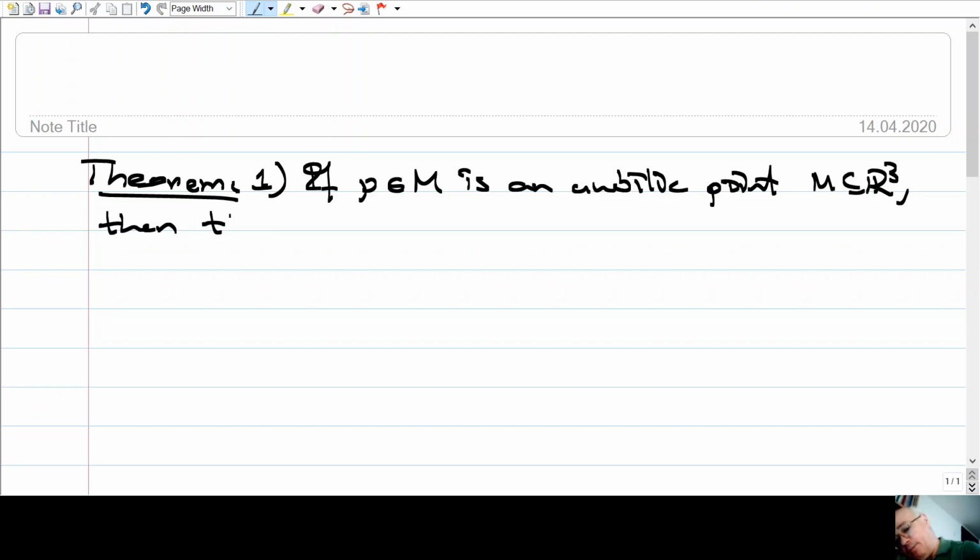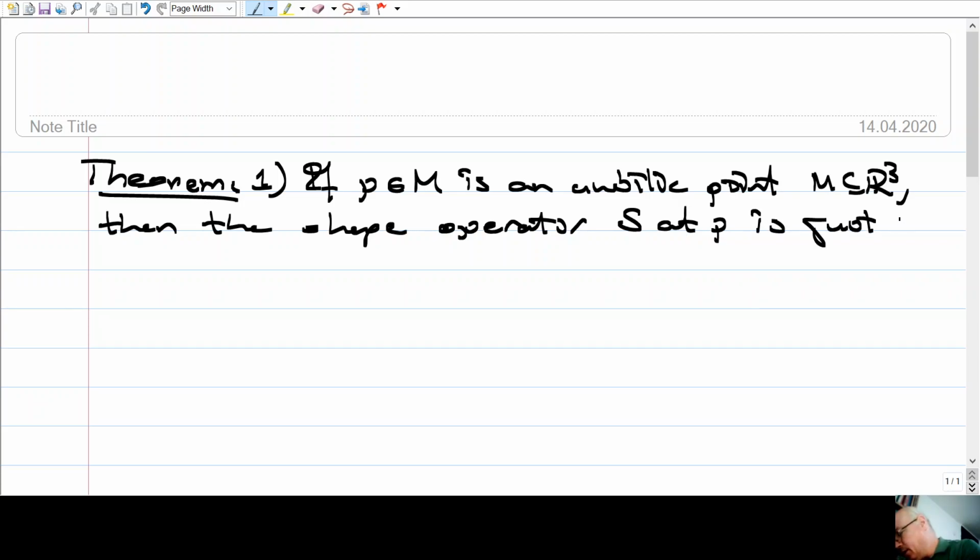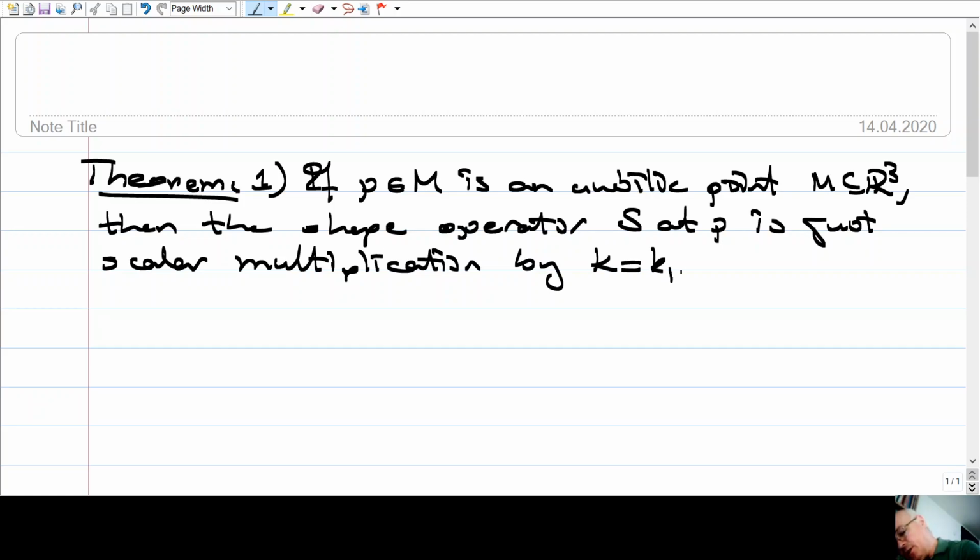Then the shape operator S at P is just a scalar multiplication by the constant K, which is equal to K1 and K2. Since P is an umbilic point, the principal curvatures are the same.